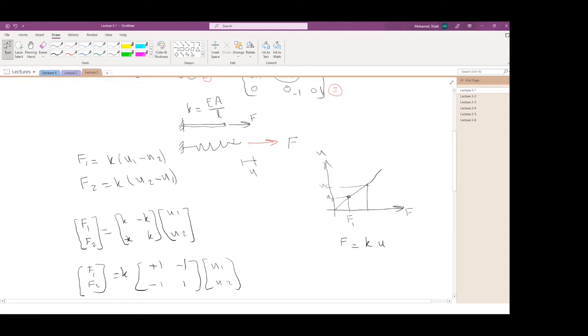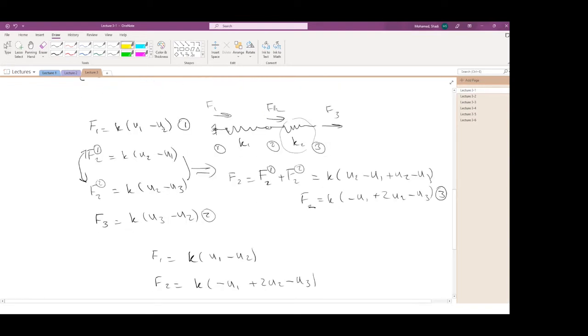I probably just use the highlighter, this way you can see it better. So F2 is going to be active on the first spring and on the second spring. Now, what is the proportion of F2 active on the second spring and what is the proportion of F2 active on the first spring? This is something you don't know.